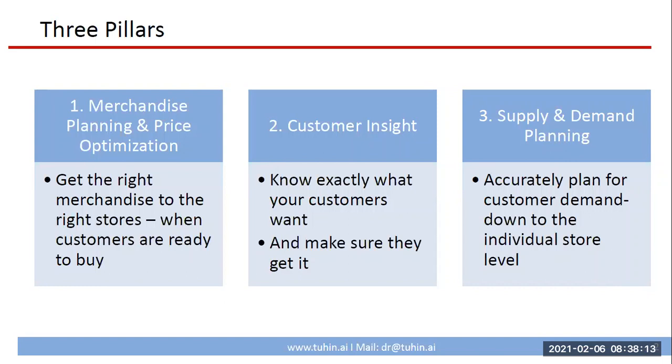And the third pillar is supply and demand planning. As I discussed in my last class also, the mother of all analytics in retail is the right demand forecasting, and that is for the individual store level. I shall discuss today that it is not only about forecasting the right amount of product, but also every SKU of the product.